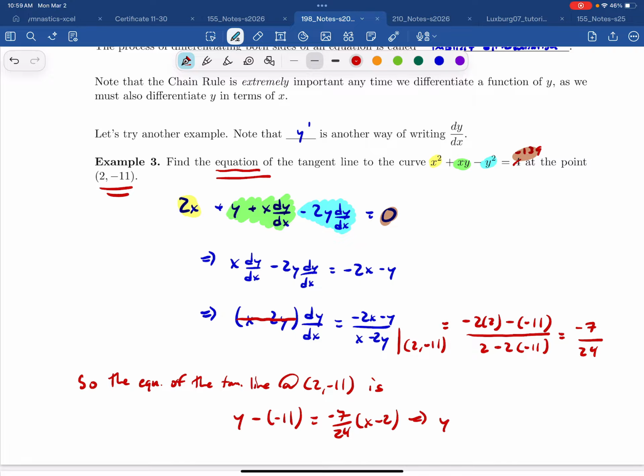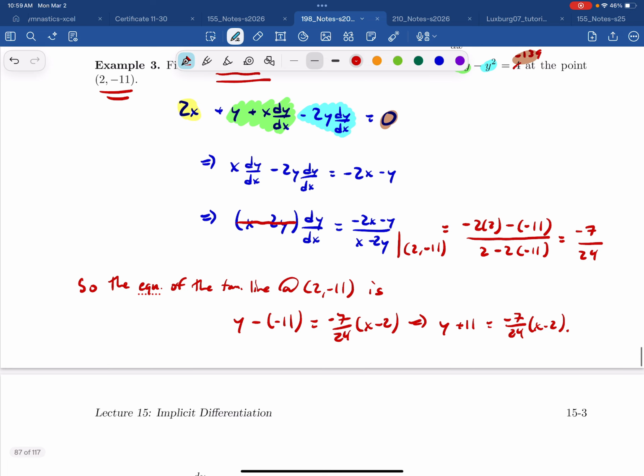Or y plus 11 equals negative 7/24 times x minus 2. So that's how we get it.